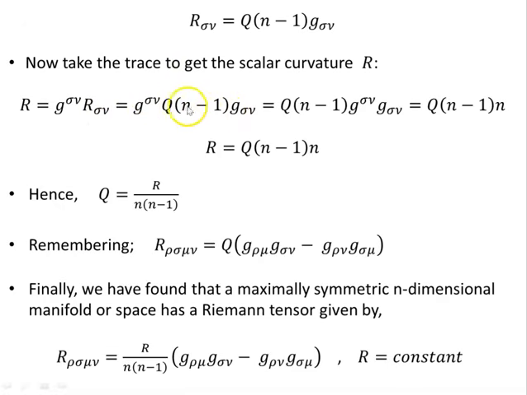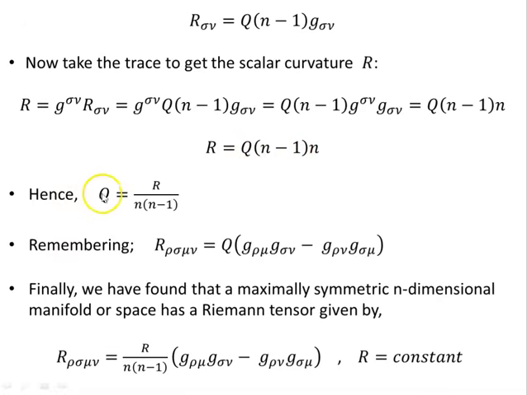Well, pull out the scalar Q and this scalar N minus 1 out front, and we've got this, which as we've seen before, is just N, the dimension of the space or manifold. So we get Q times N minus 1 times N. So the Ricci scalar or scalar curvature R is this object here.